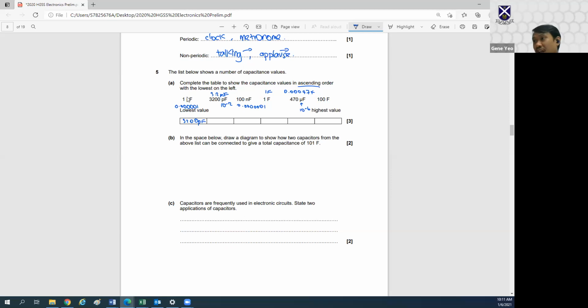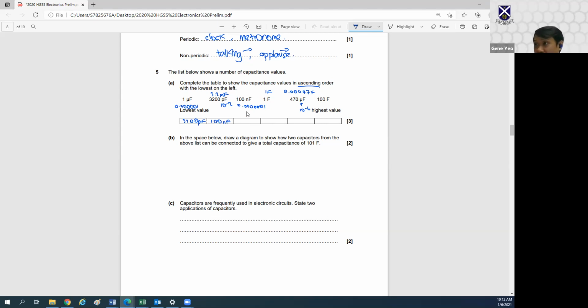Nano. Okay, this fella is smaller than this fella. Okay, this fella is smaller than this fella. Okay, so if this is bigger, that means the next biggest one should be the 100 nanofarad. Okay, next.